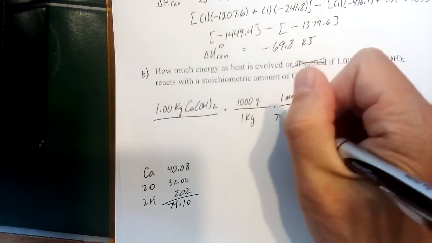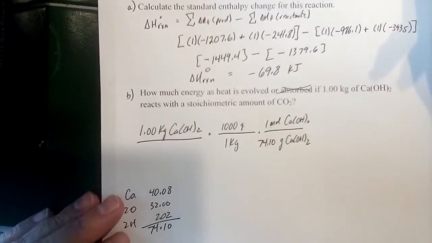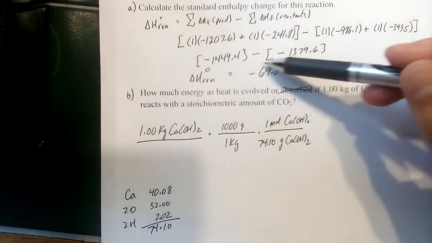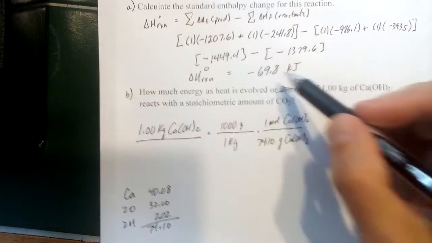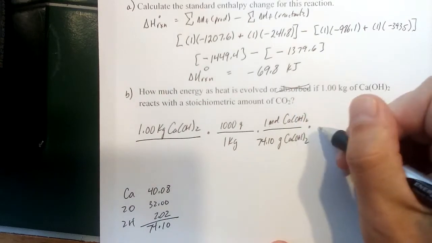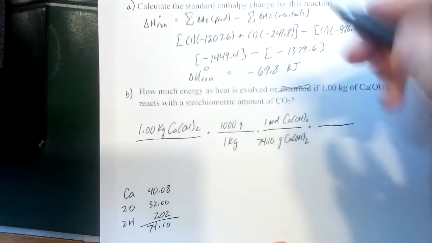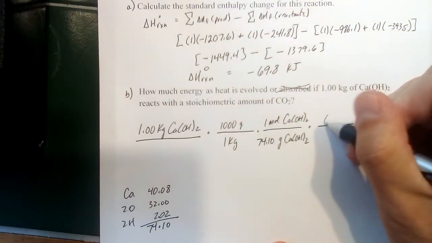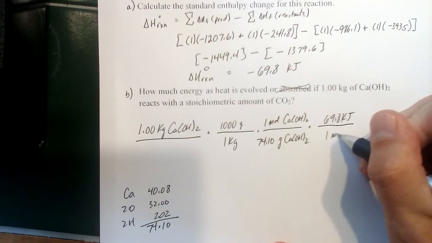So 1 mole of calcium hydroxide is 74.10 grams of calcium hydroxide. And remember here, the enthalpy is per mole. So that's how much energy would be released per mole of calcium hydroxide, since there's 1 mole of calcium hydroxide in that balanced equation. So 69.8 kilojoules per 1 mole.